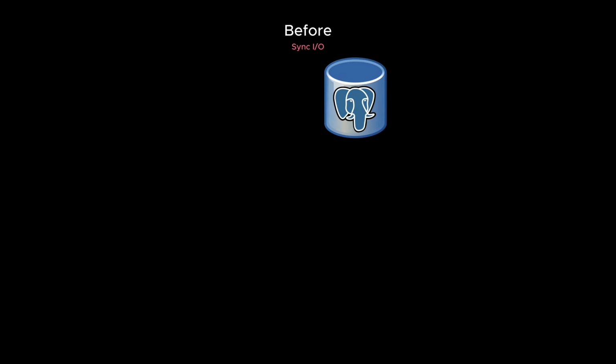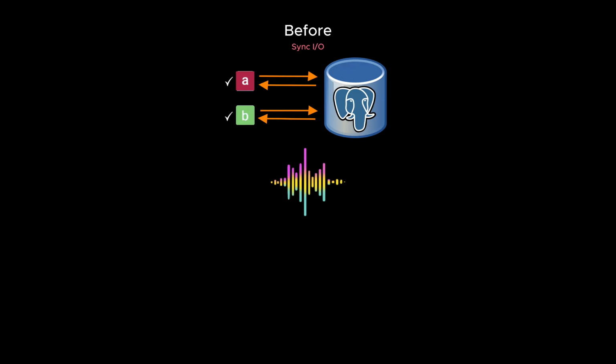PostgreSQL 18 can finally do asynchronous I/O. It reads faster, without waiting. Before, Postgres waited for the OS to return every read one by one, like this. And that is slow.